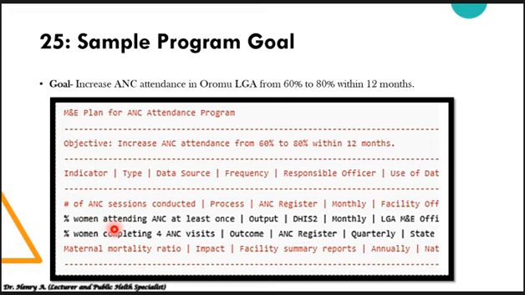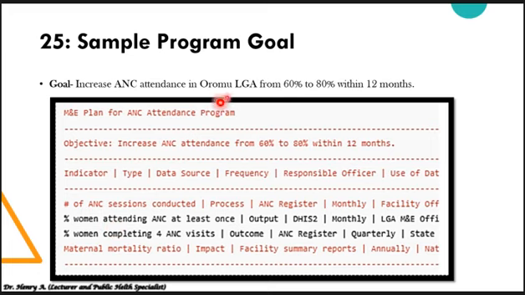Mind you, if there are many ANC sessions, the pregnant women know that they will not spend too much time in the clinic, because there are 5 physicians or gynecologists or health officers seeing the pregnant women. So they will come in their numbers, and then you see them increase.